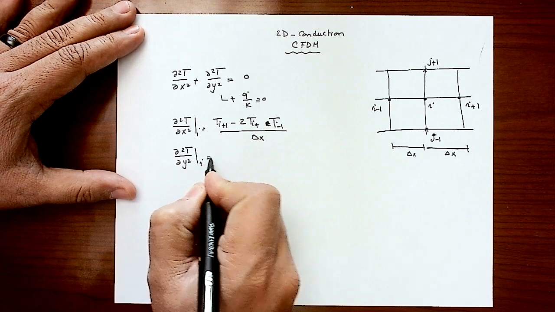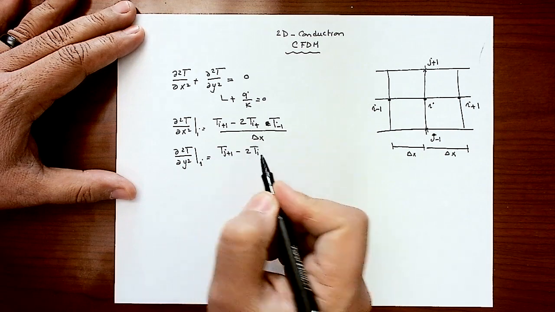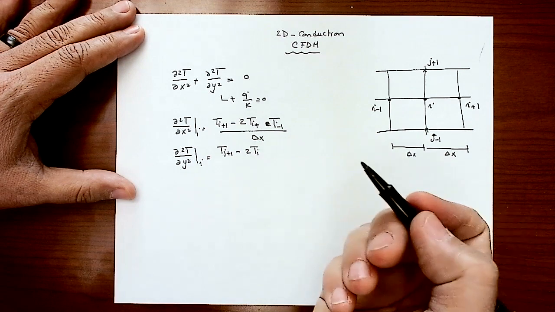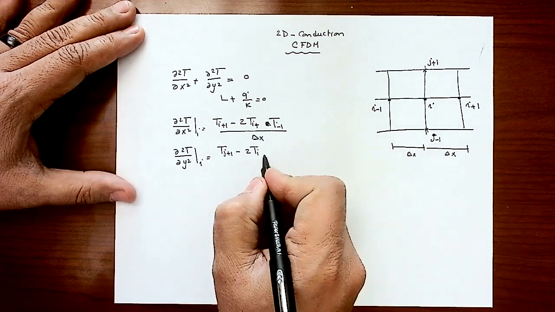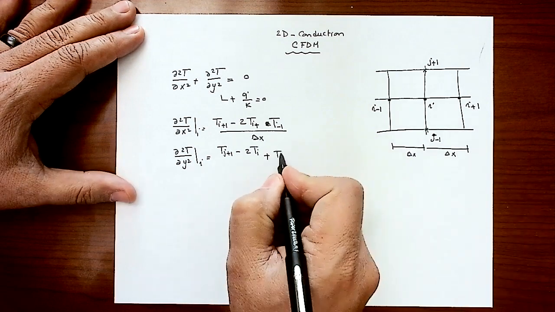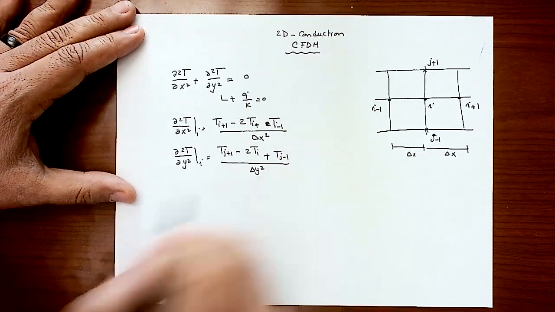At the same node I, it is going to be T j plus 1 minus 2 T i plus T j minus 1 divided by delta y squared. I like to keep it I all the time, so I know that these are referring to the same base node I'm interested in.